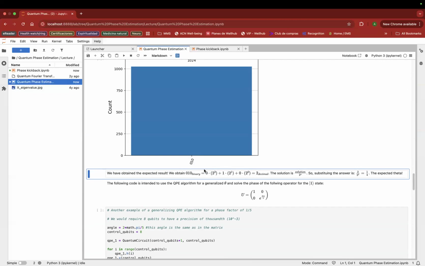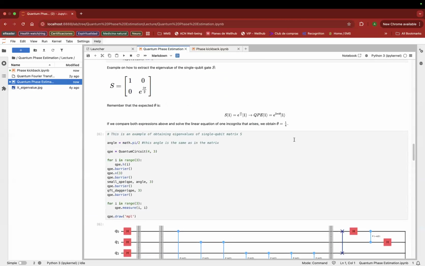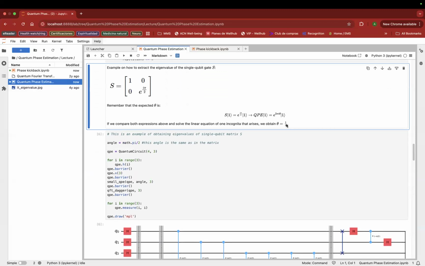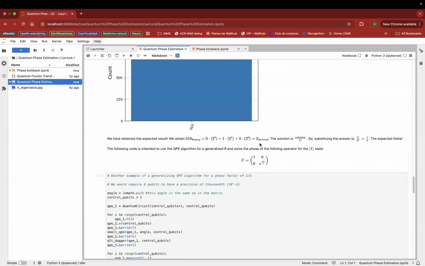Once we transform this binary number into a decimal number, the solution is that number divided by the precision of the control gates. If we substitute, we get the decimal number divided by the precision, which is 1 divided by 4, a quarter, the expected theta we wanted. Why do I illustrate it in such a way?